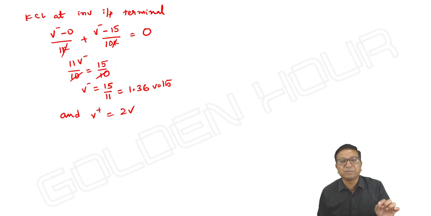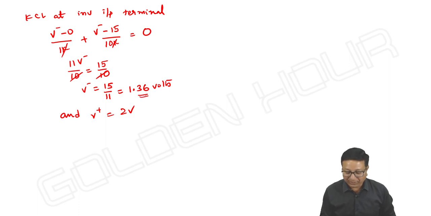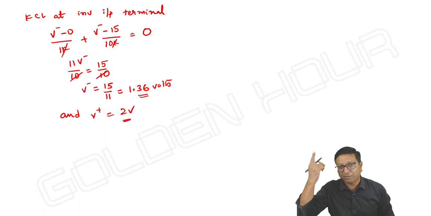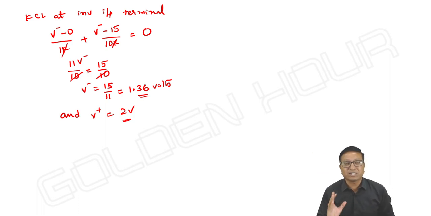You cannot take V minus equal to V plus. Here you can see V minus is less than V plus and output is positive, the comparator operation. Once the output reaches its extreme values, even though A is infinity, you cannot apply virtual short. This is a very, very interesting and important point.